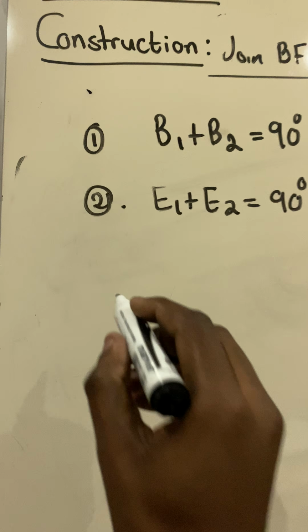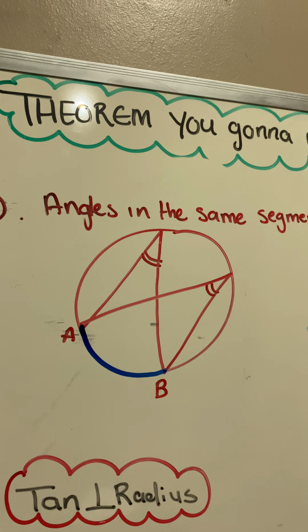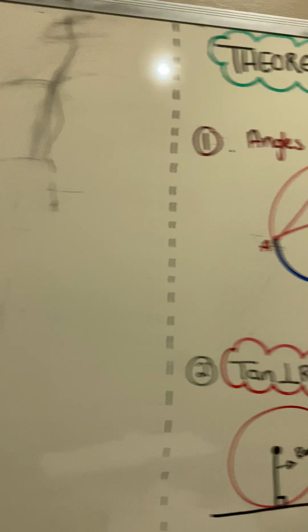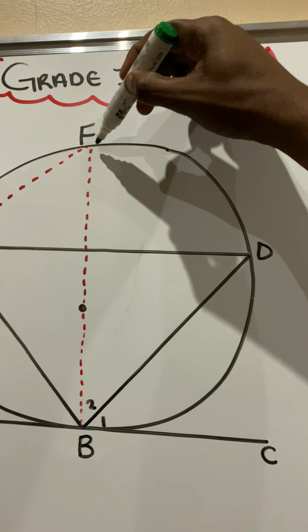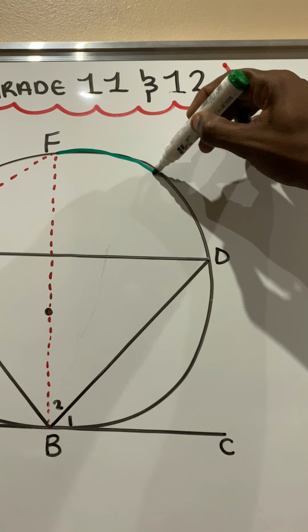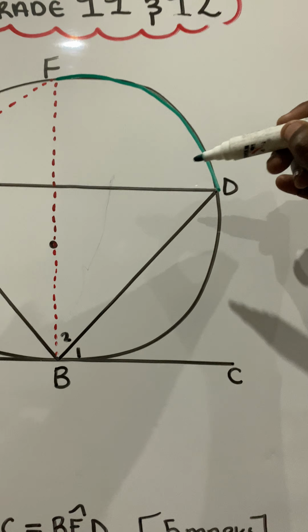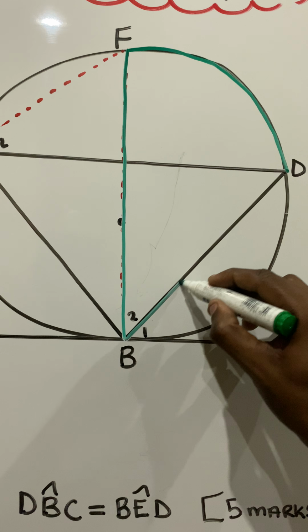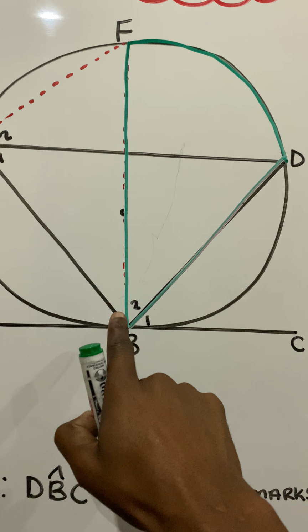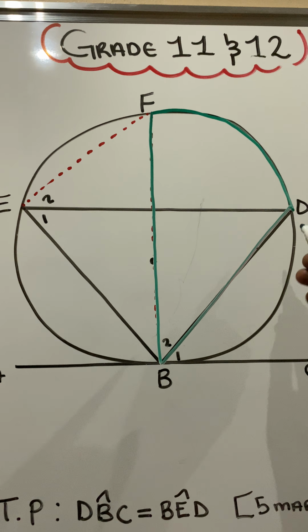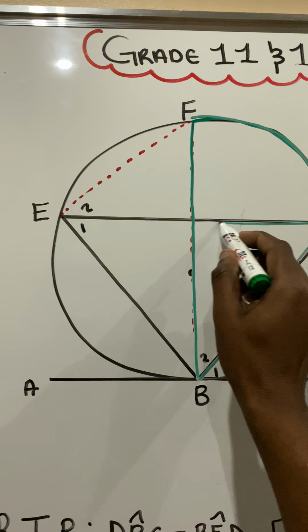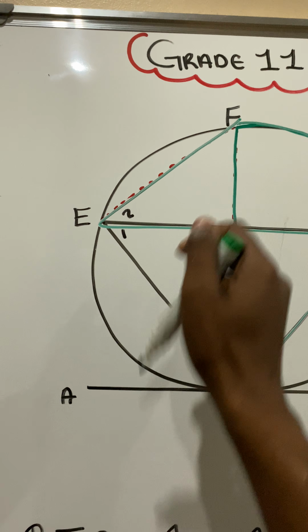Now the third one is going to be the angles in the same segment. So now I want you to focus on the following. You see this arc here. That arc produced this angle here. Can you see it? Which is B2. Now the same arc, which is this one, produced this angle, which is E2.